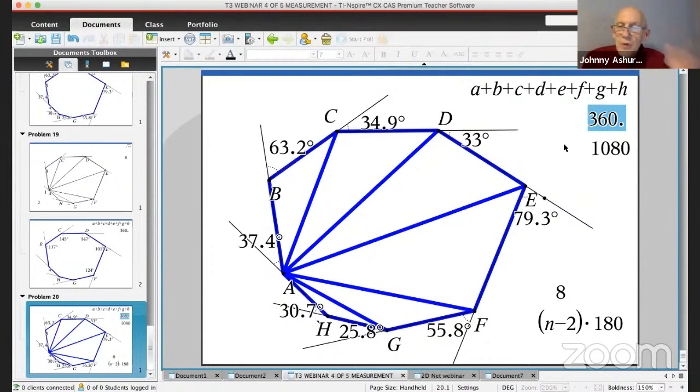At each one of those, we have nothing more than supplementary angles. One inside the triangle, the supplement is exterior. And because of that, always those exterior angles will total 360 degrees.